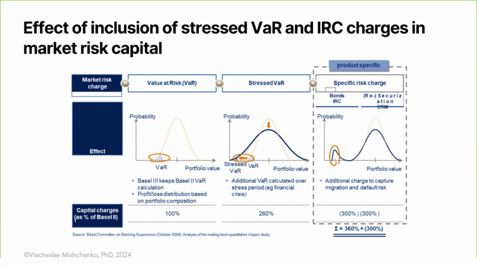When you calculate the increased capital requirements, it's not just about having a bigger cushion. It is changing the economics of trading activities, actually. What is profitable under Basel II might not be profitable under Basel III due to these changes.